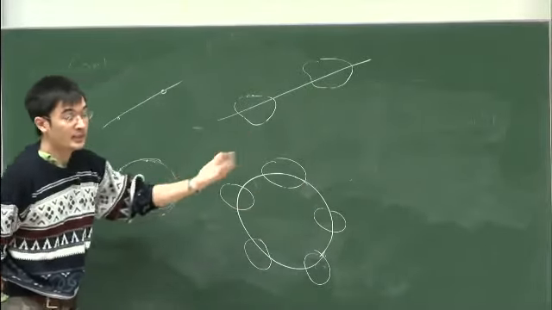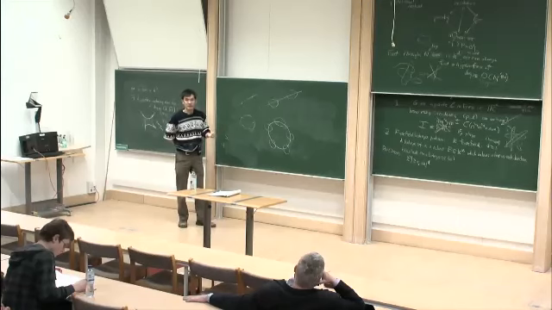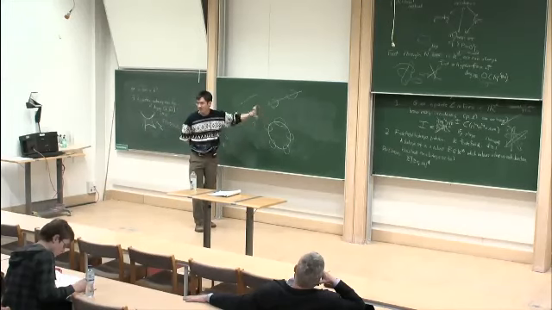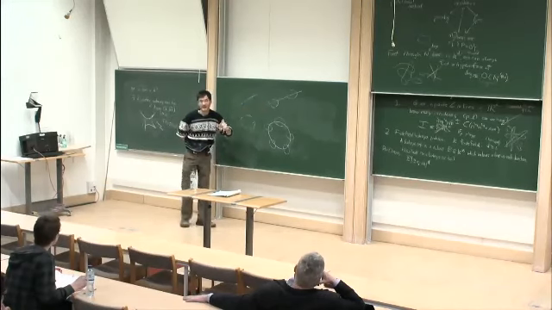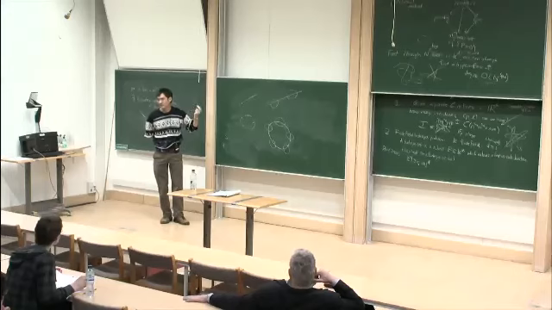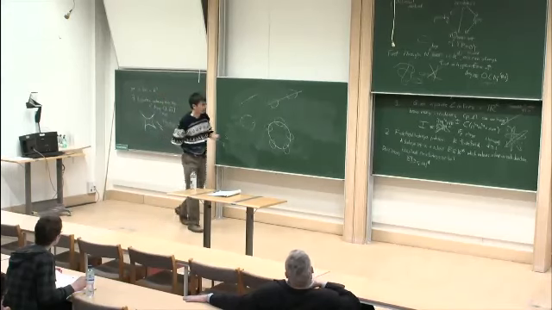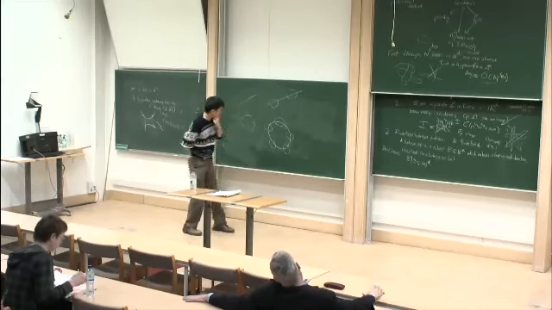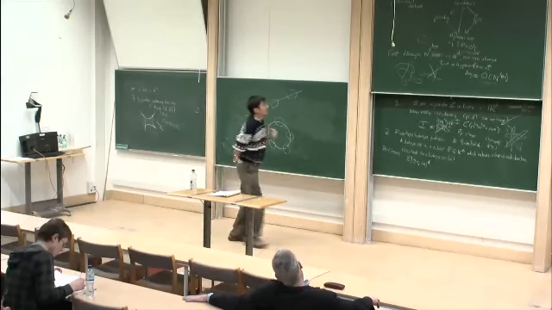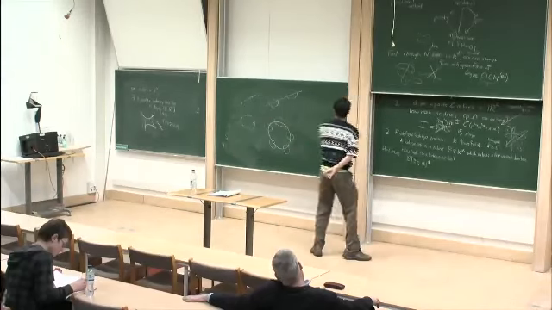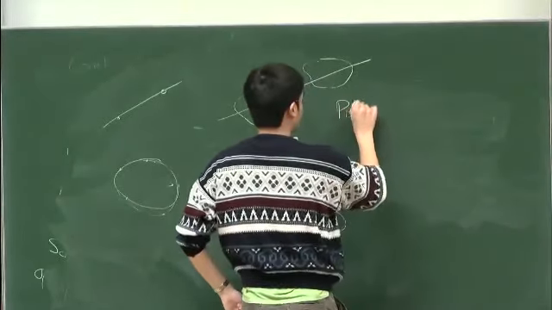You have a map from R^6 to R^5, which is odd. If you take P to minus P, it flips the sign. And the Borsuk-Ulam theorem tells you that there must be a zero of such a map. And so there's a version of this fact which is the polynomial Ham-Sandwich theorem.